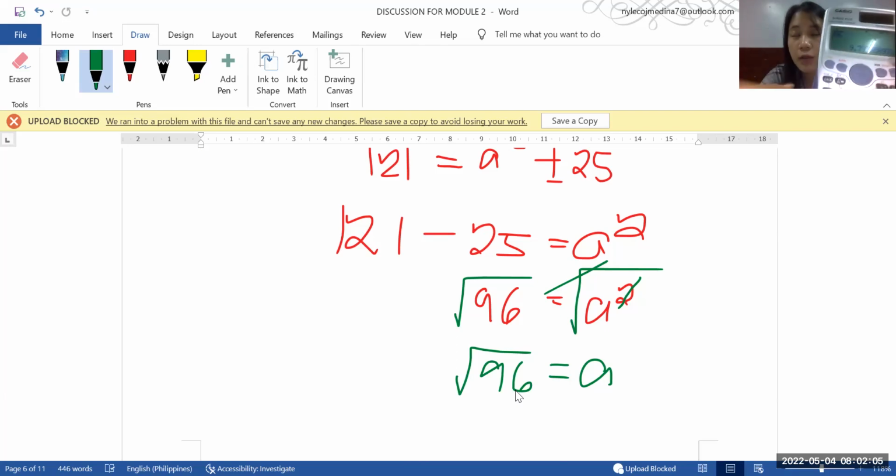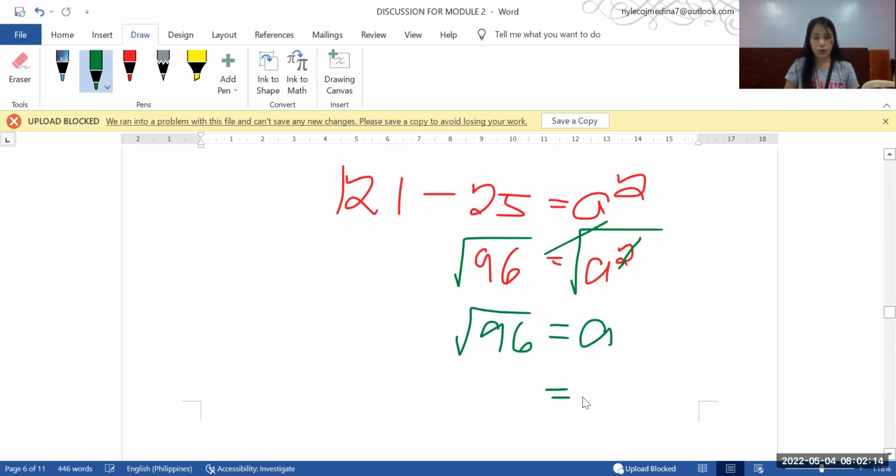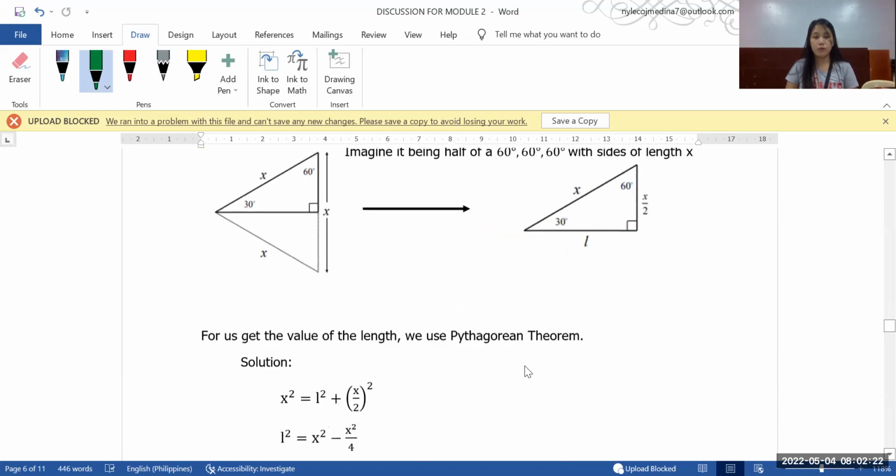Ngayon, if i-round off tayo, magiging 9.80. So therefore, ni A tayo, it is equal to 9.80. Okay?